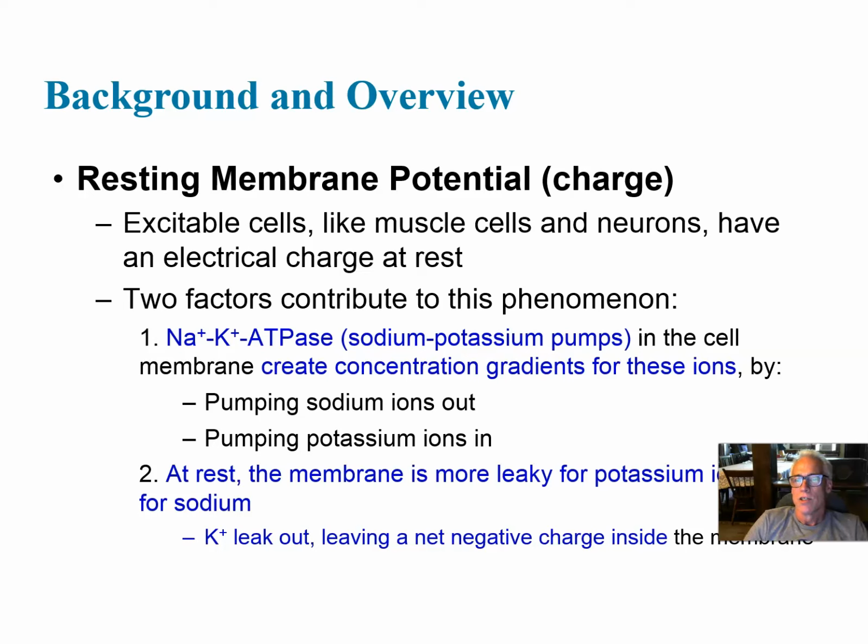And that, in conjunction with the kidneys, which regulate the concentration of those ions in the extracellular fluid, produces concentration gradients. So think of it. If potassium ions are being pumped into the cell all the time, they accumulate in there. There's a high potassium concentration inside the cell, and the kidneys keep a very low potassium concentration outside. The pumps are continually pumping sodium out.